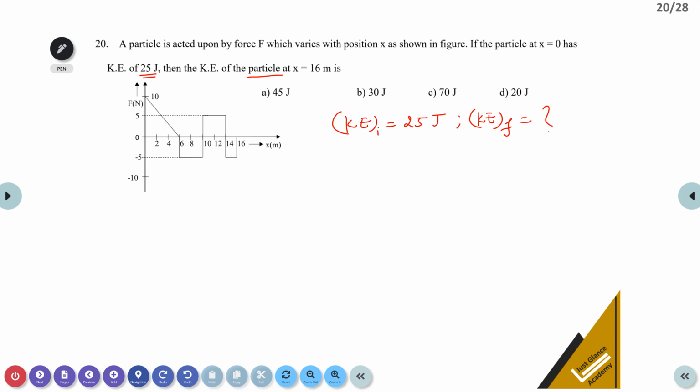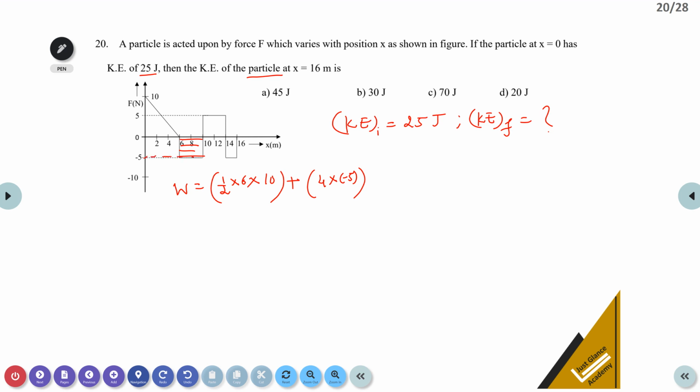Okay. First part: work done equals 1 by 2 into 6 into 10. This is the first part. Plus, next, this part is on the negative side, so plus 4 into minus 5, because it is minus 5.